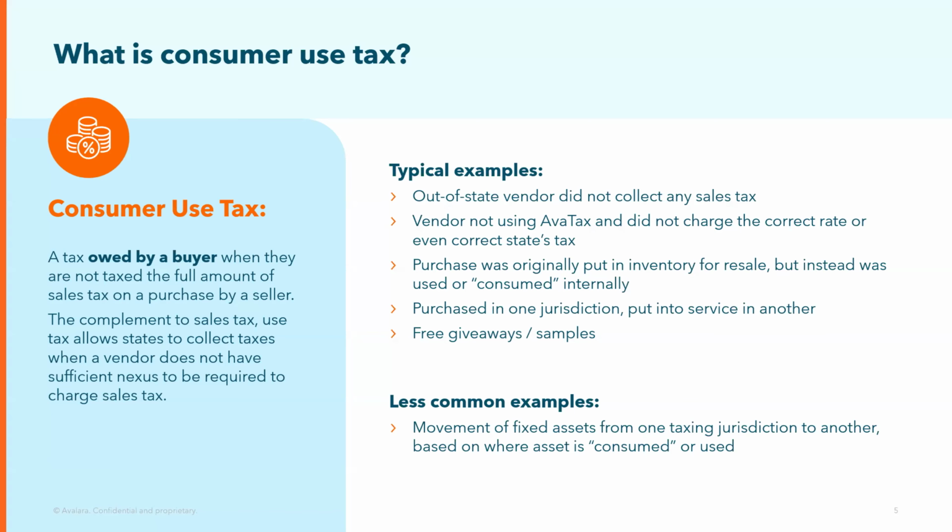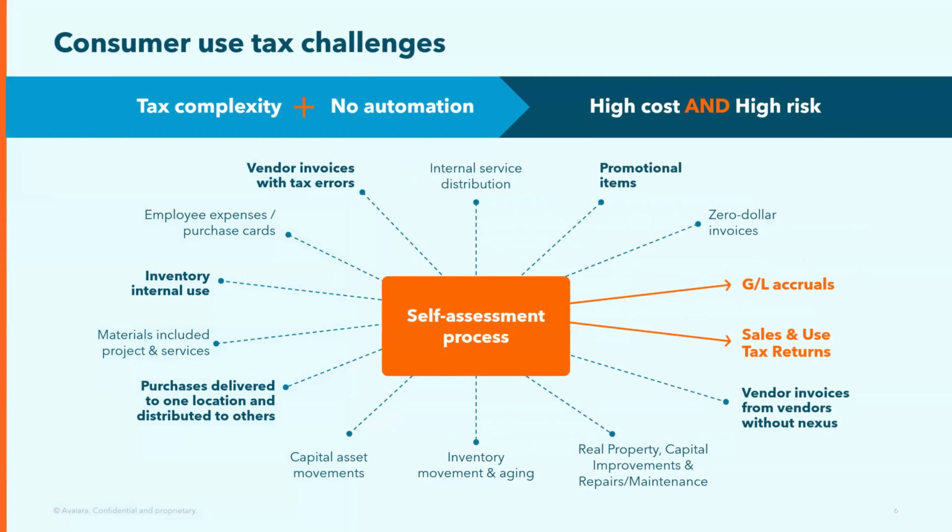Now, not only is sales tax complicated, but there are many different challenges and complexities when trying to self-assess consumer use tax. There's a lot on this screen, but there are various things I want to hone in on.